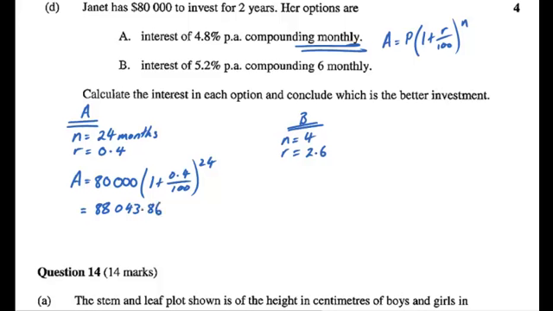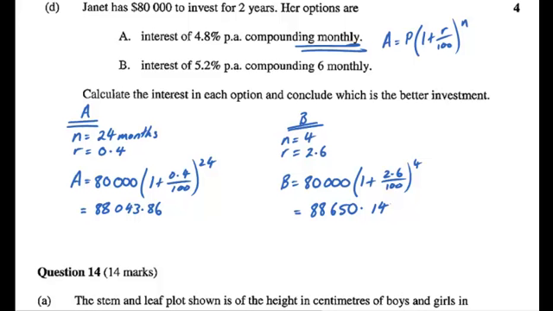For B, I'll start with 80,000, timesing it by 1 plus 2.6 over 100, but only to the power of 4. And so for B, we get $88,650.14. So which is the better investment?